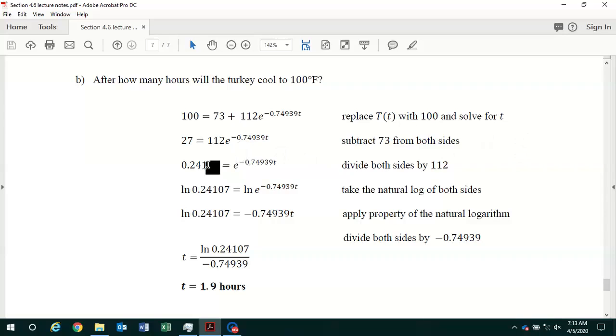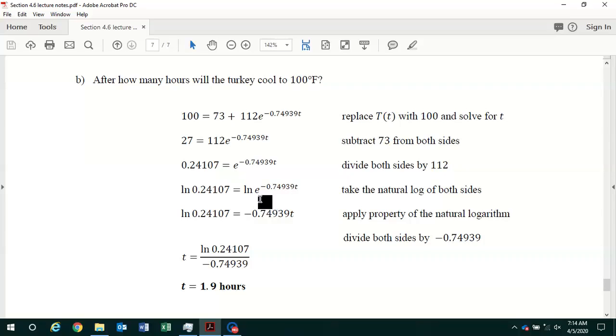We subtract 73 from both sides to get 27 on the left, and then we divide both sides by 112 and get 0.24107 on the left. This number is equal to the exponential on the right, e to the minus 0.74939 t power. Again, we take the natural log of both sides, and we have the natural log of 0.24107 on the left.